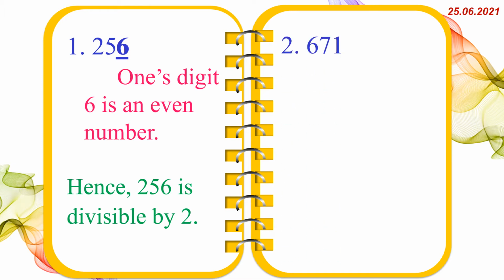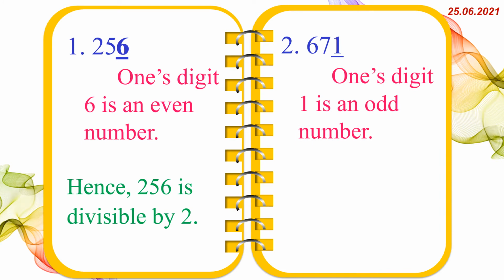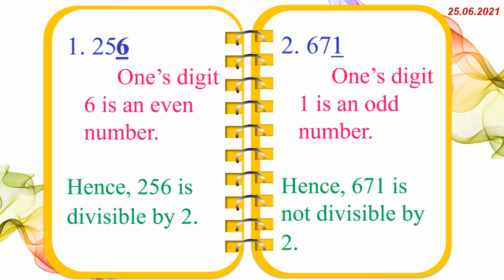Next, 671. The ones place digit is 1. The ones digit 1 is an odd number. Hence, 671 is not divisible by 2.